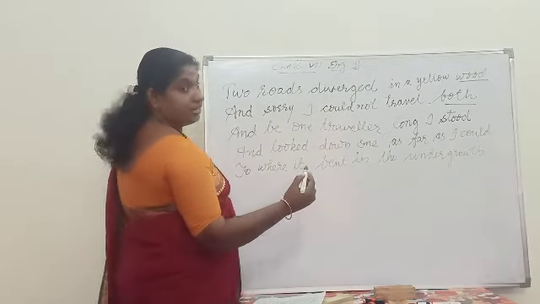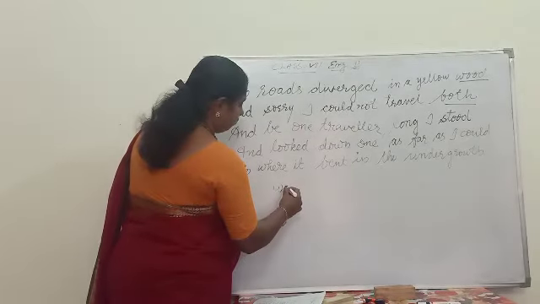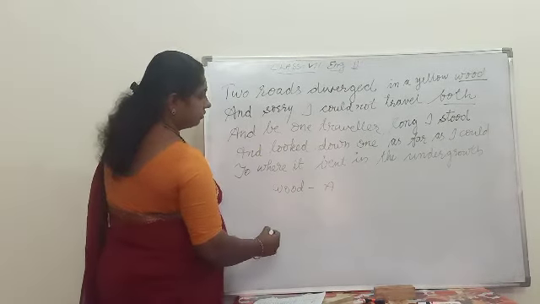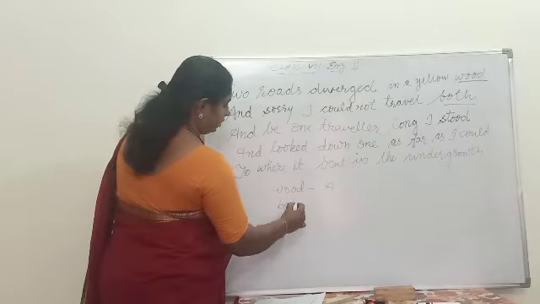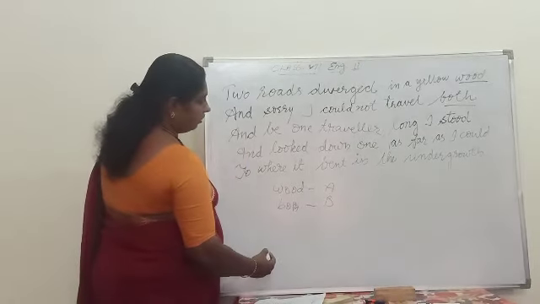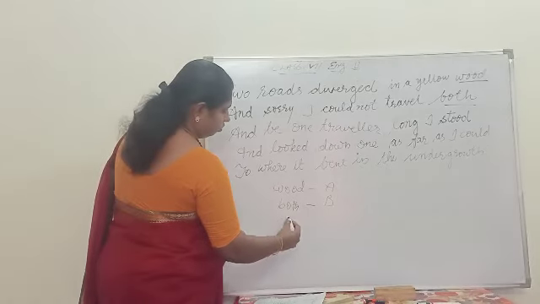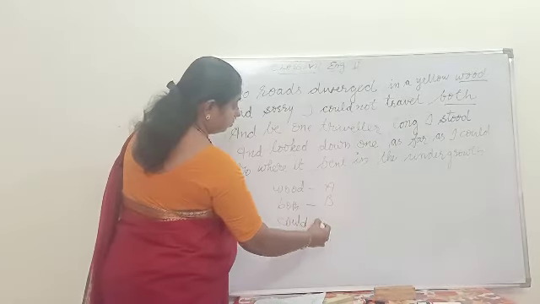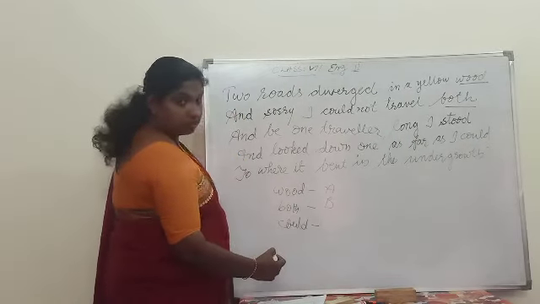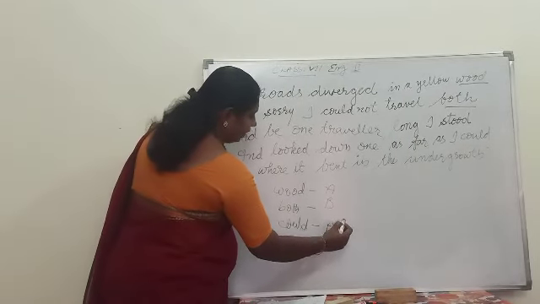The first line ends with the word wood. We name it A. Second word, both, a different word, so we call it B. And the third one, could. So wood and could rhyme together, so we can again name it A.